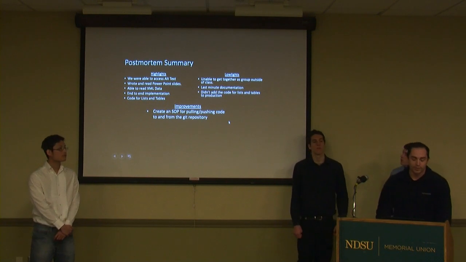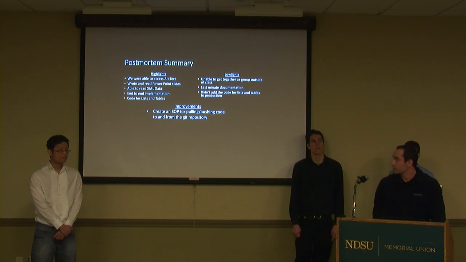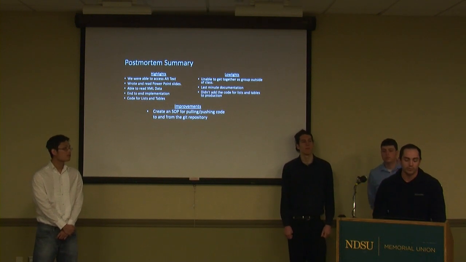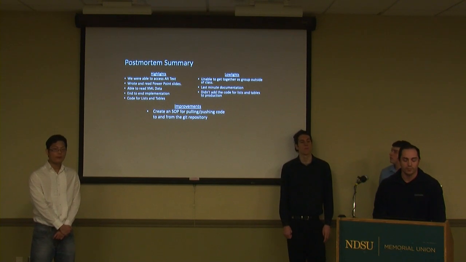So post-mortem, we were able to access the alt text, which was the IDs that were hidden on the slides, not the ones that were actually in the text. We were able to write and read PowerPoint slides, read XML data, created our end-to-end implementation with the strings, and then we also provided some code for tables and lists, but couldn't finish that.